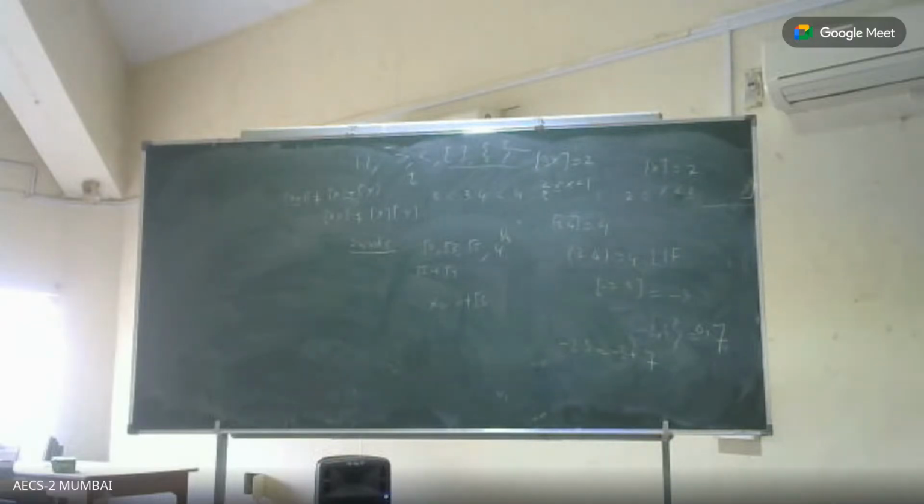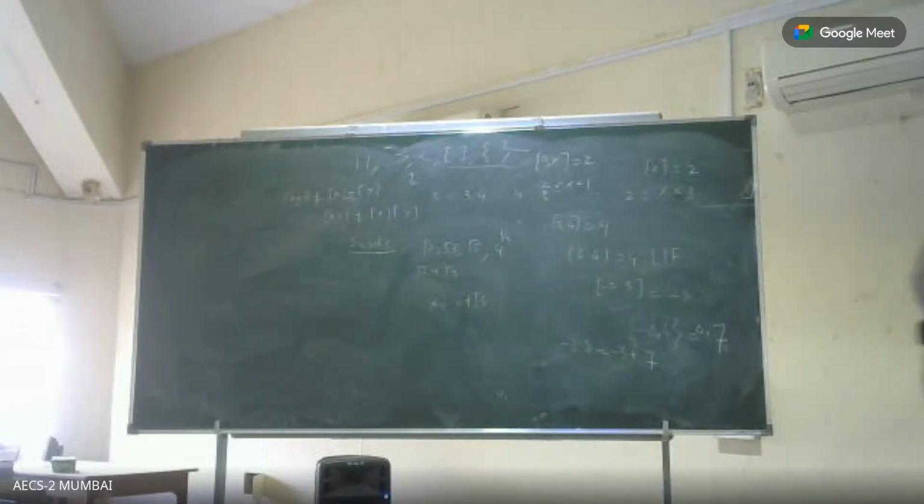But sorry, very important: you construct a quadratic whose one root is 2 plus root 3 and the coefficients of the quadratic are rational. Yeah, good question. So the condition is that the coefficients should be rational numbers.